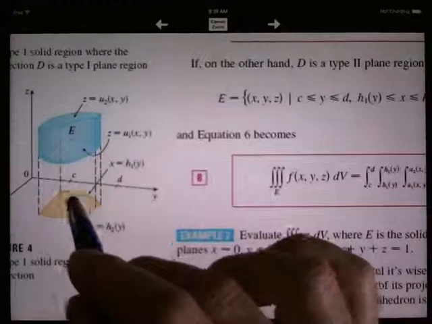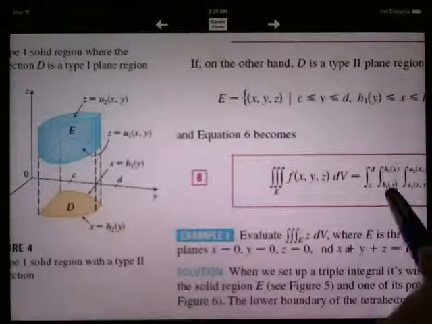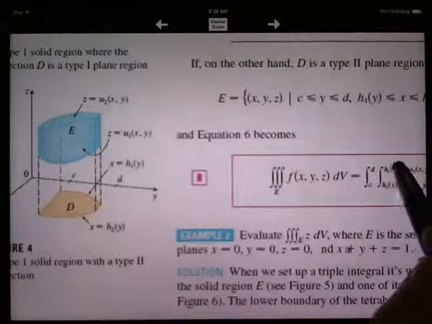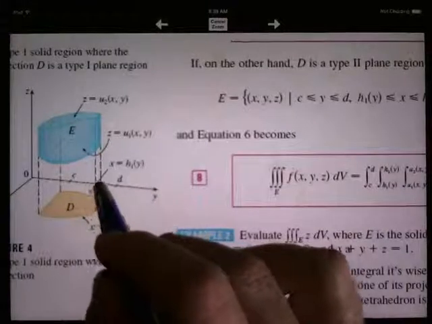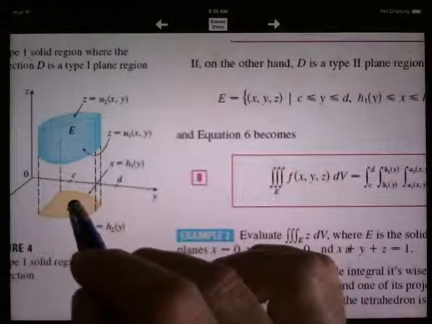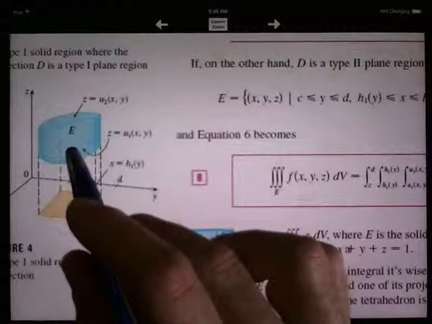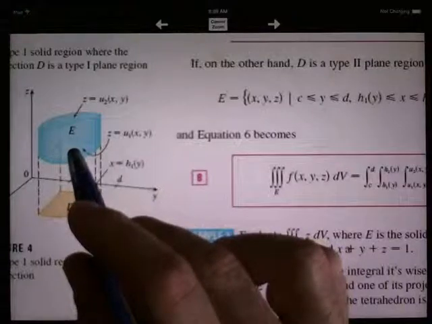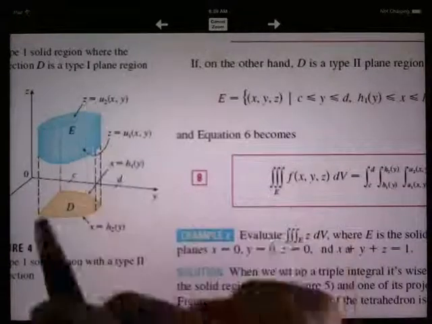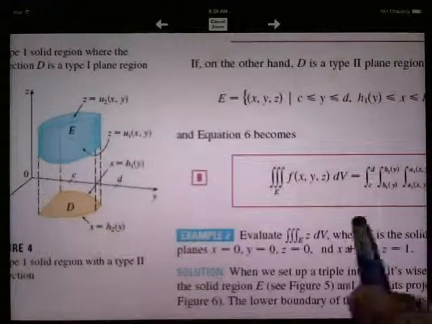So from h1 to h2 here. Those are both functions of y. And then for that value of x, and you pick a value of y, z goes from the minimum z of u1 up to the maximum z of u2.